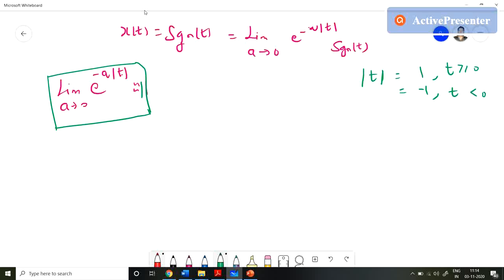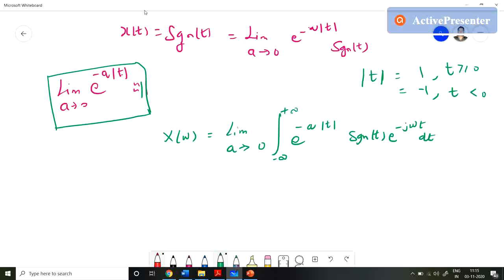Now if we find the Fourier transform X of omega, or X of f, it is the limit a tends to 0 of the integral from minus infinity to plus infinity of e raised to the power minus a modulus of t, signum t, e raised to the power minus j omega t dt, where omega is equal to 2 pi f.